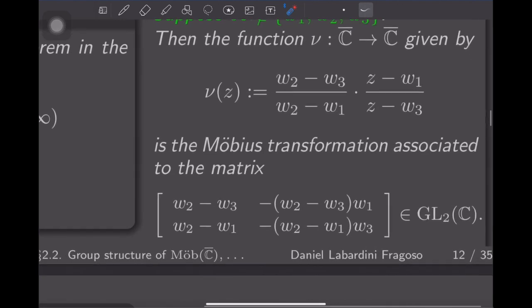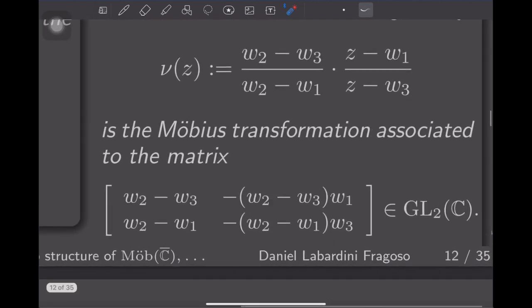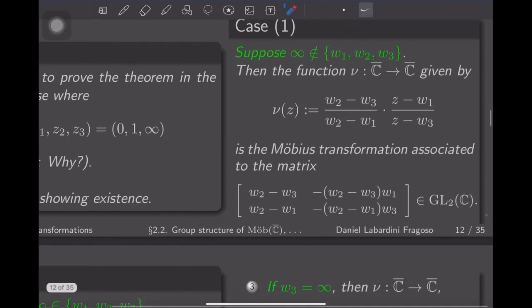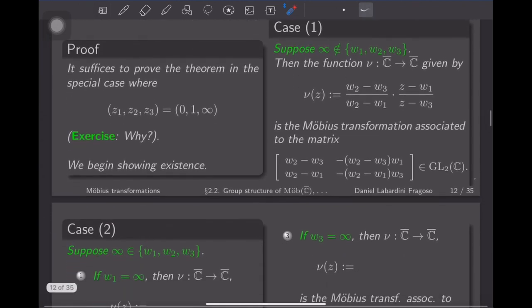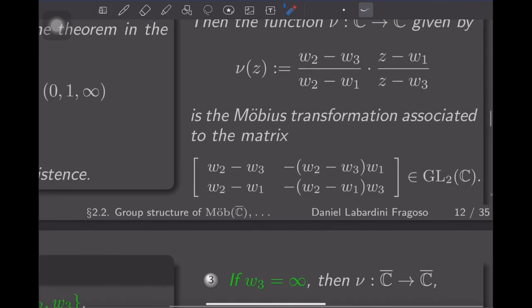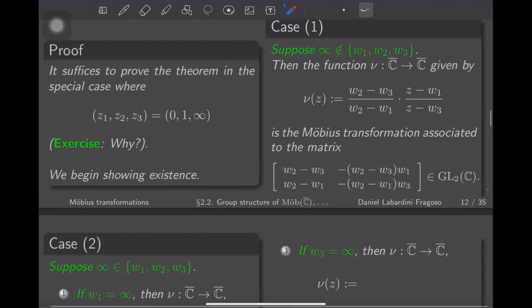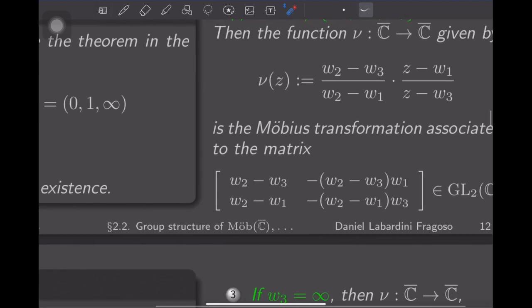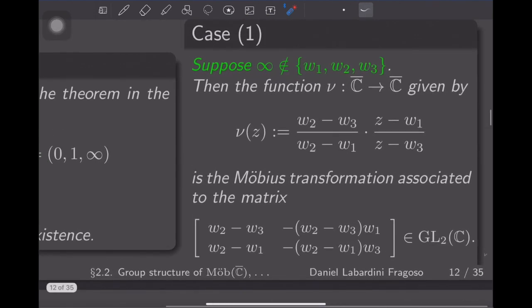Okay, and this is a 2 by 2 matrix with complex entries, because these are complex numbers, because infinity is not any one of them. And does it have non-zero determinant? Well, you just compute it, and its determinant is not zero. It's not zero precisely because these three are different.